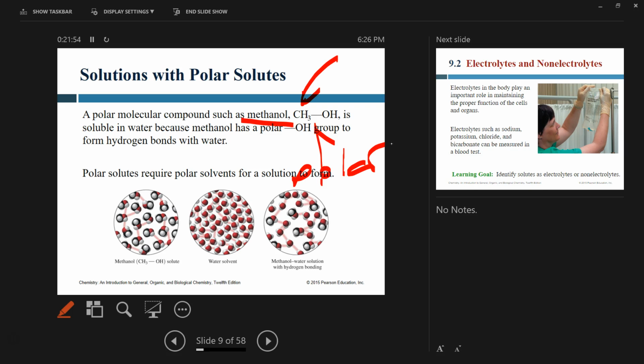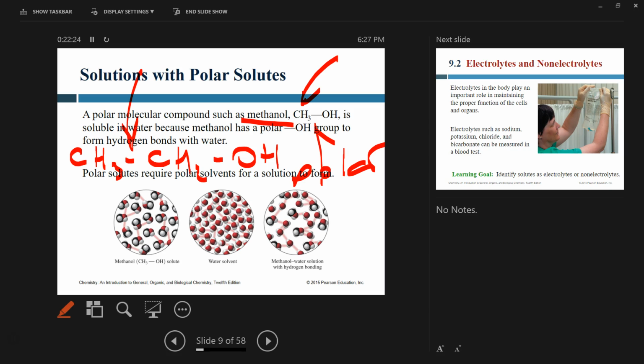If you take ethanol, which has this structure, now you see it has two carbons. So what do you think about this bond between two carbons? Is it polar or non-polar? Two identical atoms.